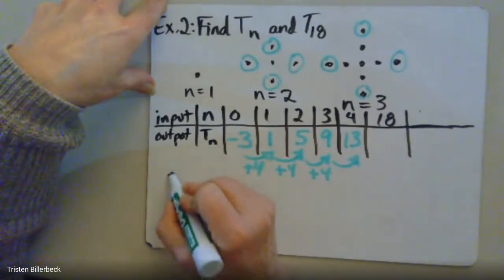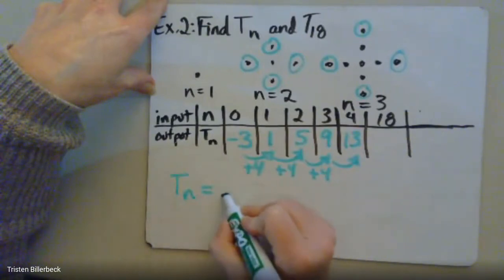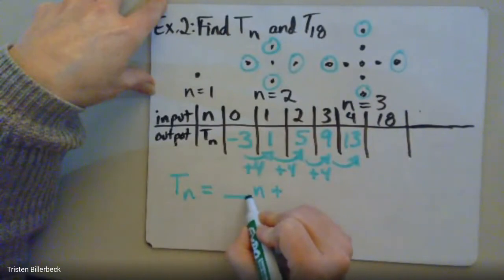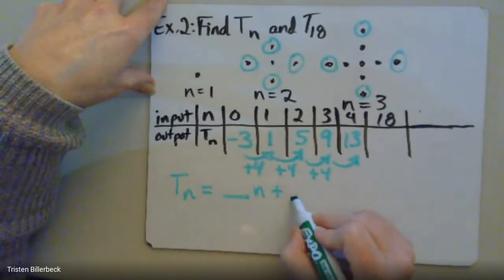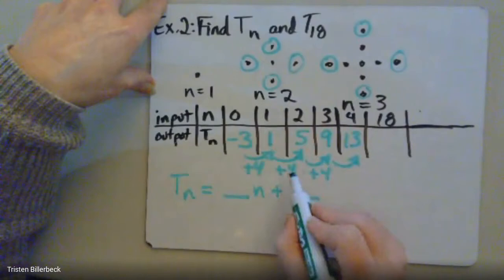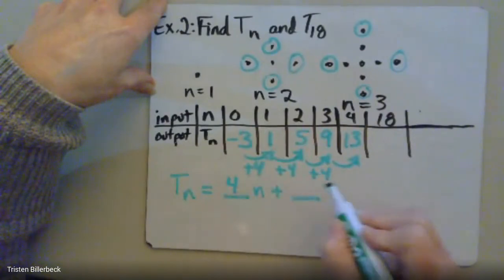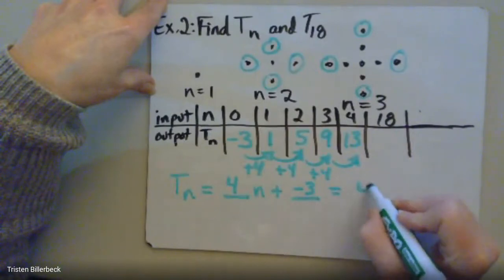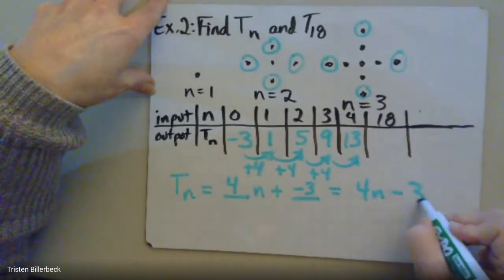So if we look at t sub n, we look at how it's changing plus how it started. It's changing by 4, and it started at -3. So when we simplify this, we have 4n minus 3.